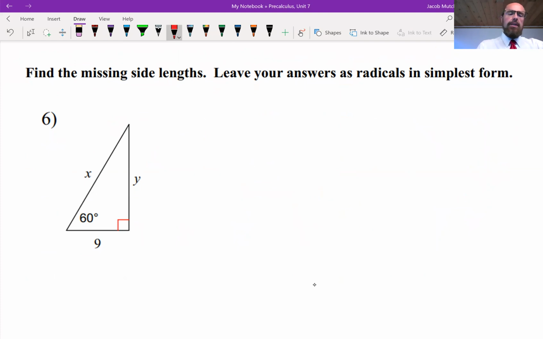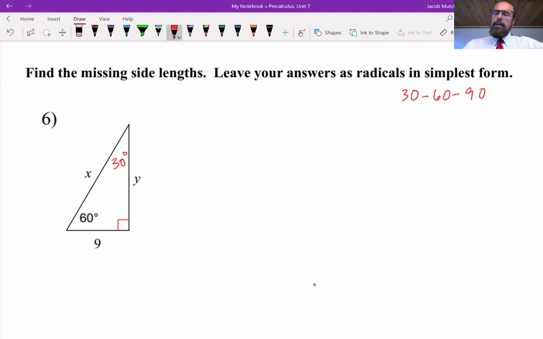I also see 60. If I see that one angle is 90, one is 60, if I subtract those from 180, 180 minus 90 is 90, 90 minus 60 is 30. That identifies for me a second special right triangle. We call this one the 30, 60, 90 right triangle.